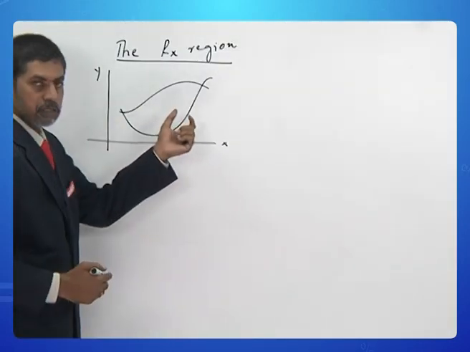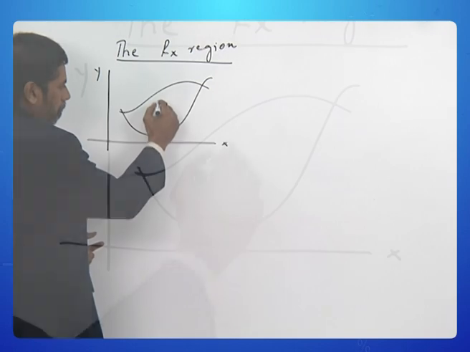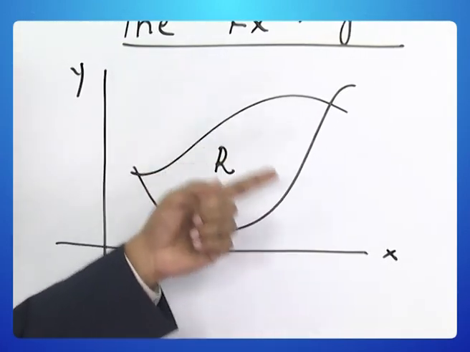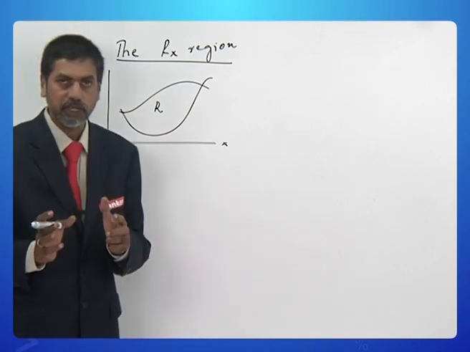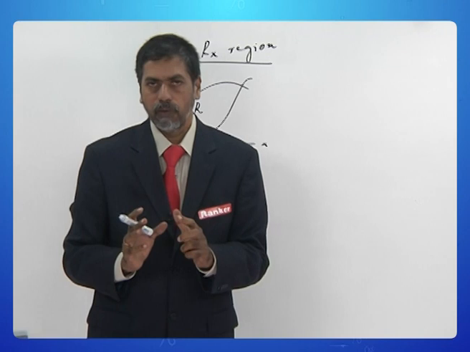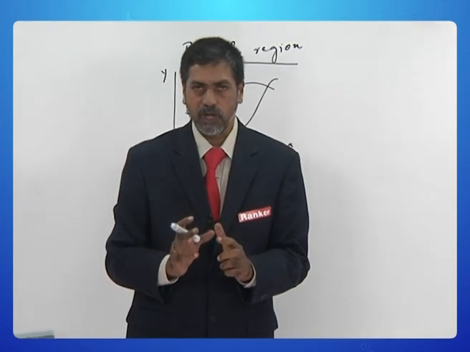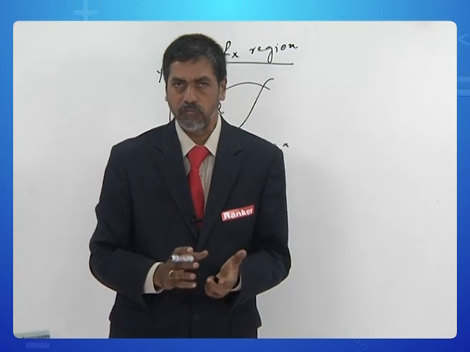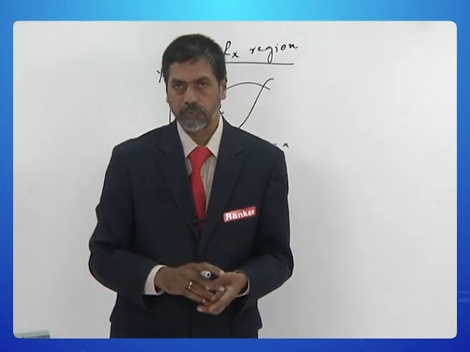Now imagine this is a region which is enclosed between two curves. Of course, in the simplistic case, we discuss only two curves, but when we come to advanced examples, it need not be necessarily about two curves. It can be two or more curves also, right?